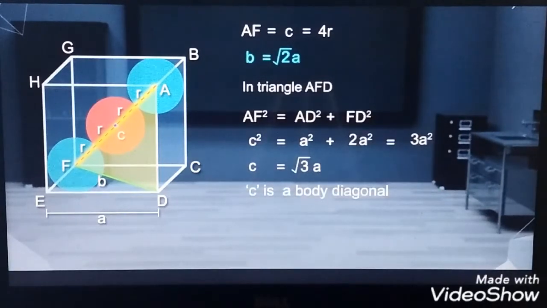But c is a body diagonal, which is equal to 4r. Therefore, c equal to √3 a, which is equal to 4r. a is equal to 4r/√3.